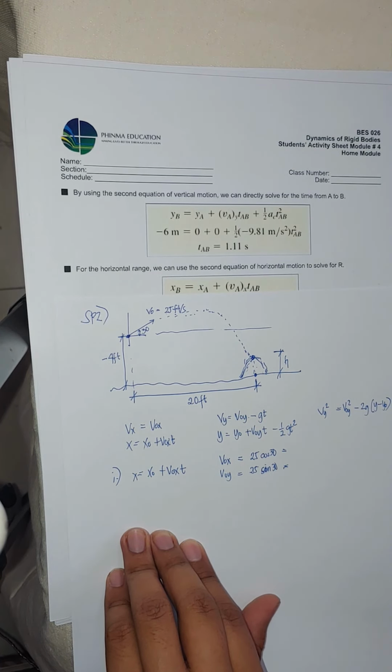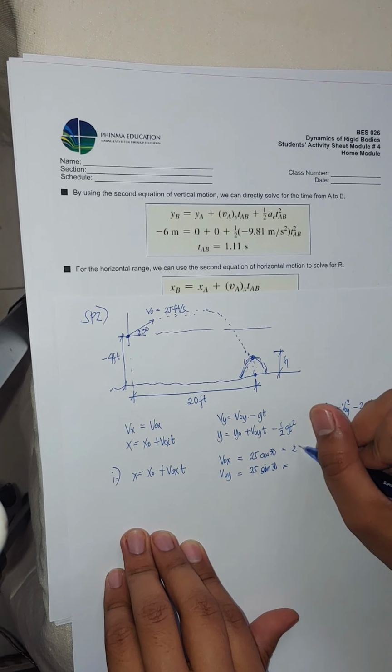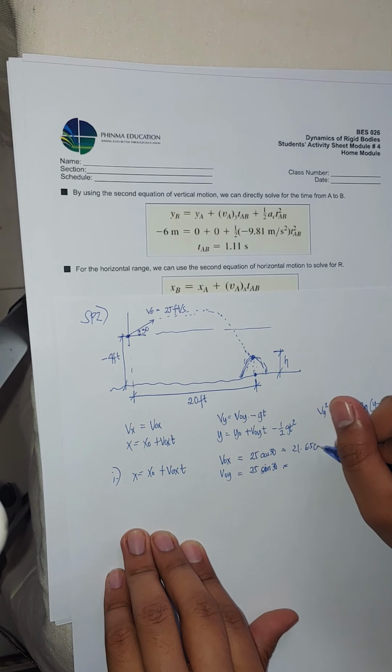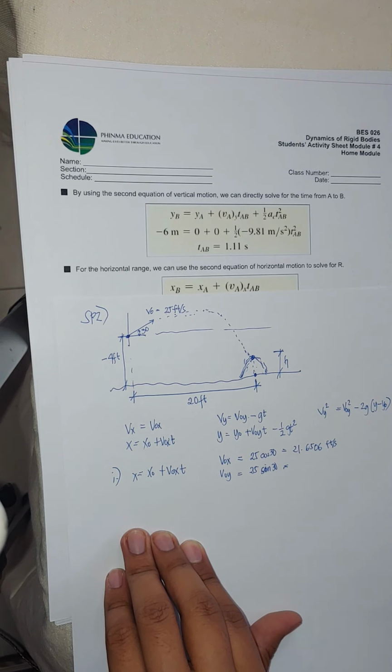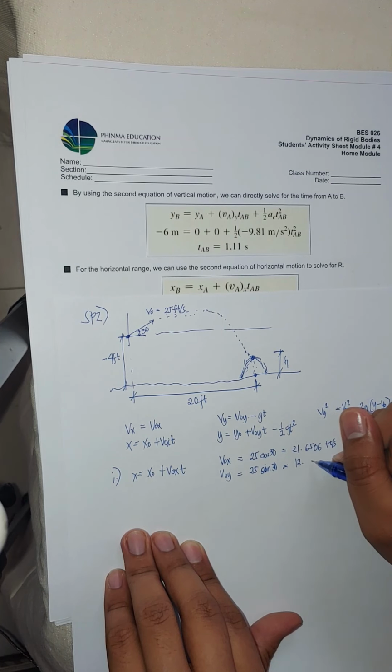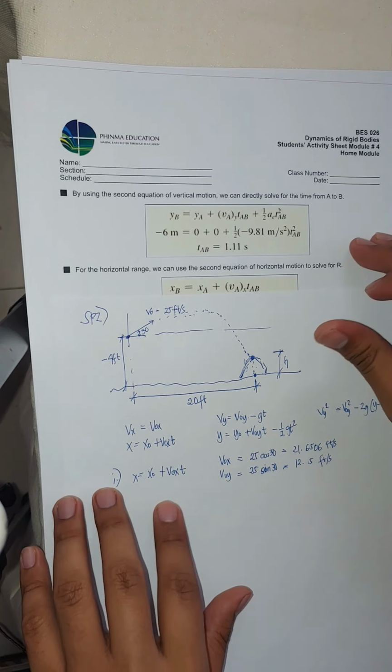So Vox is 21.6506 foot per second, and its vertical component is 12.5 foot per second.